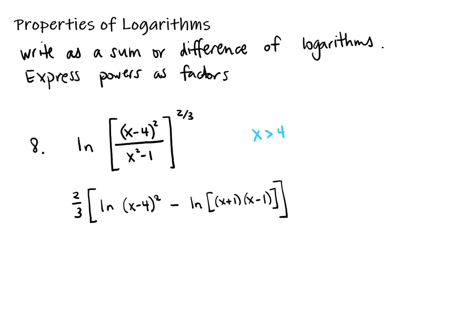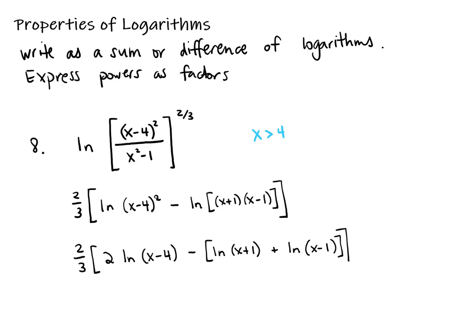And then I have to distribute that, I have to factor again that second one. Let's write this as 2 ln of x minus 4. And then we're going to say minus, and this is going to be ln of x plus 1 plus ln of x minus 1.